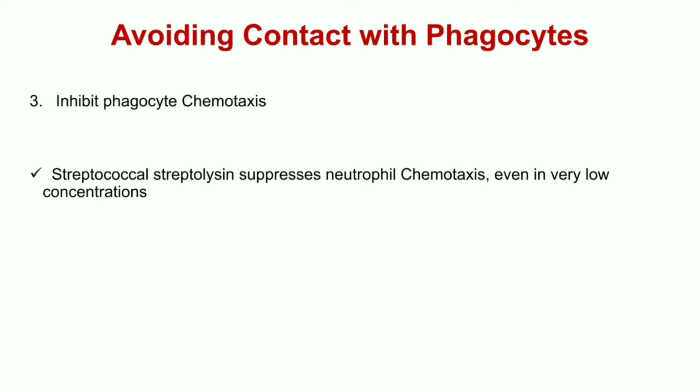One such mechanism is adopted by Staphylococcus. Staphylococcus secretes an enzyme known as streptolysin. Streptolysin suppresses neutrophil chemotaxis even when present in a very low concentration.